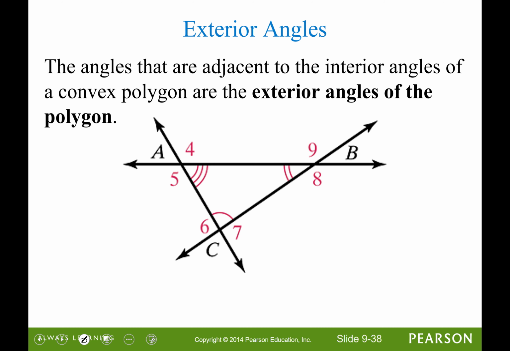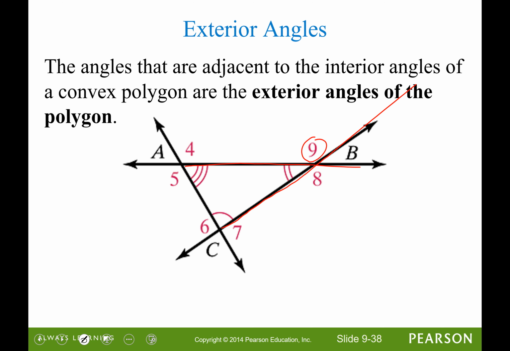Exterior angles. The angles that are adjacent to the interior angles of a convex polygon are the exterior angles of the polygon. And we've looked at this one time before, quite a few chapters back. So just take any side of your triangle and extend it, and you have created an exterior angle, 9.